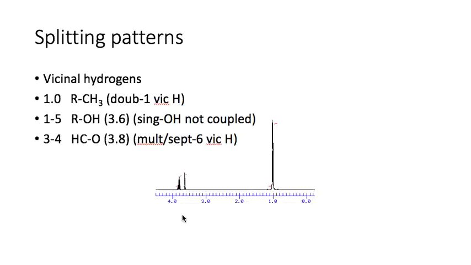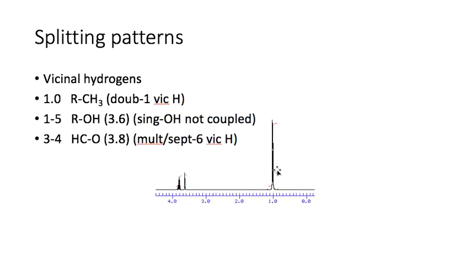Okay, good. Now, this 1 hydrogen peak is being split by 6 other hydrogens, 6 vicinal hydrogens. And this 6 hydrogen peak is split by 1 vicinal hydrogen. So what that's telling us is that these peaks are interacting with each other. The hydrogens that cause these 2 peaks are coupled to one another.